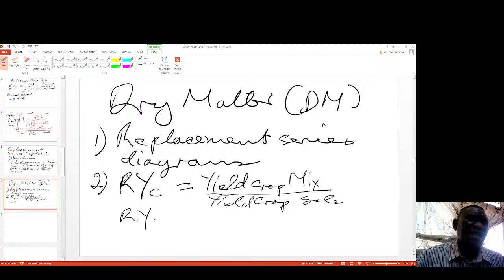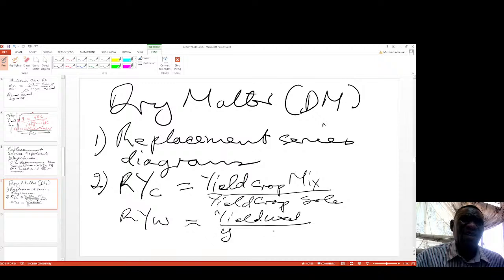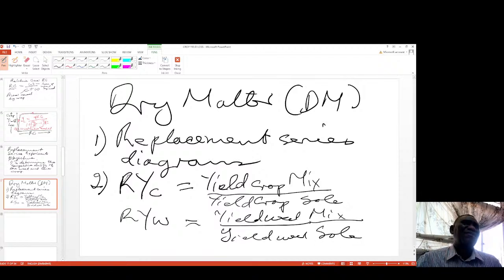Then RYW, relative yield of weed, which is yield of weed in mixture over yield of weed in sole stand.